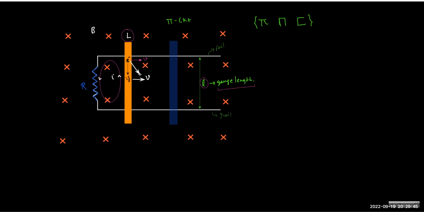I can call this v dash. So I can relate the drift as well as the v in terms of theta. v dash cos theta is the velocity of the rod, but v dash sin theta is the drift velocity. I hope this is clear so far.